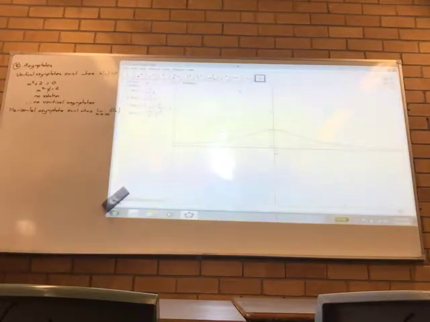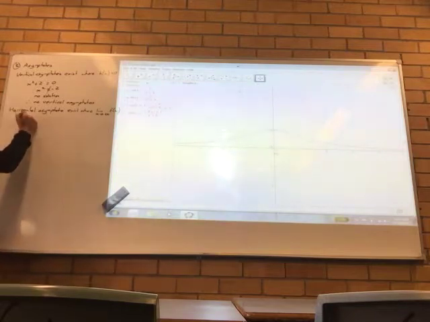Good. The vertical asymptotes are where the denominator equals 0, because we can't divide by 0, therefore we don't have any points on the curve for those values of x. Remember you can have more than one. And for horizontal, you're looking at what happens when the value of x gets very large.